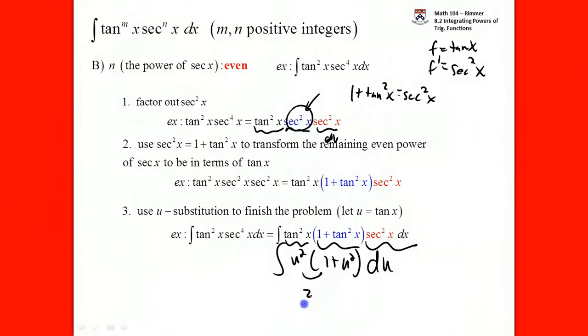And you're talking about u squared plus u to the fourth du. U cubed over 3, u fifth over 5. Go trade it back in. And you're done. What calls this? Power of secant even. We'll call the other thing power of tangent odd.